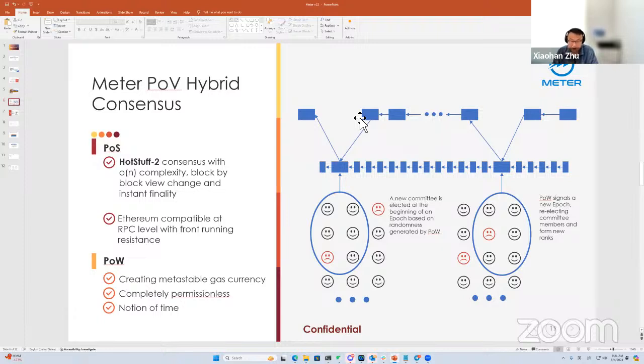So here, we talk about what the proof of work and proof of stake do. Proof of work is mainly creating the metastable currency. The entrance of the proof of work chain is completely permissionless, meaning you don't have to own any network tokens to start participating in this network.